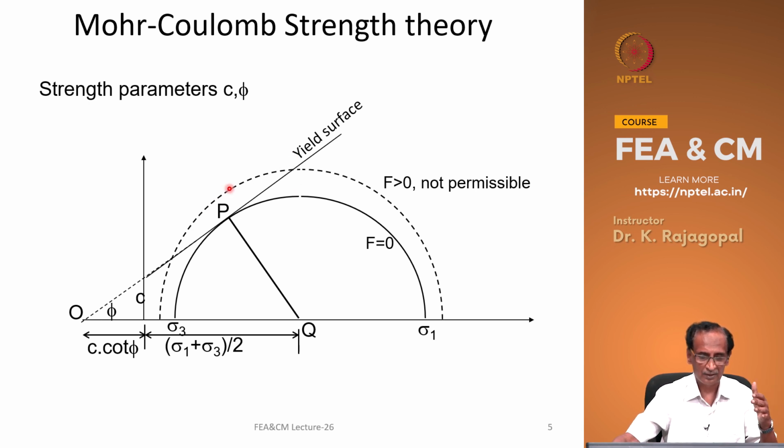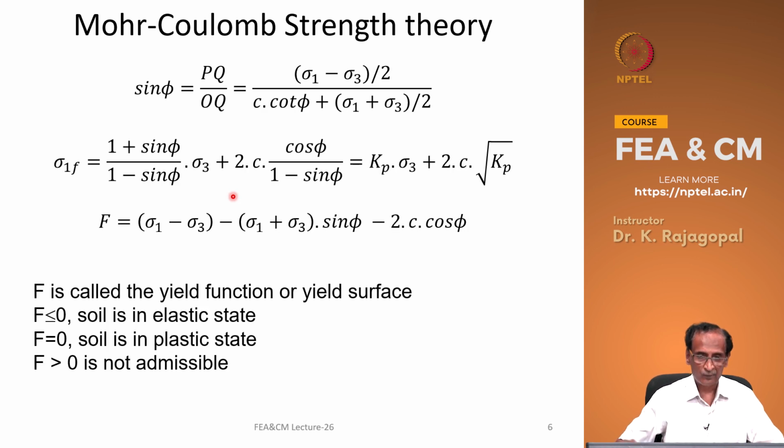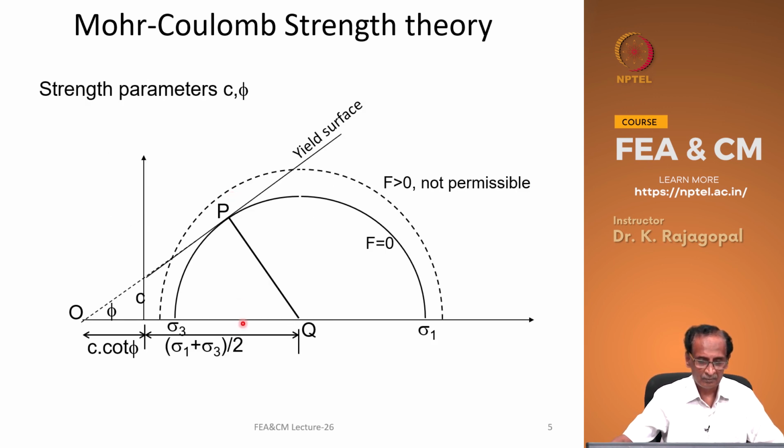Then we have to do something whenever that happens, and from this Mohr circle that is just tangent to the yield surface, by looking at this triangle OPQ, we can derive a relation between sigma 1 and sigma 3 in terms of C and phi.